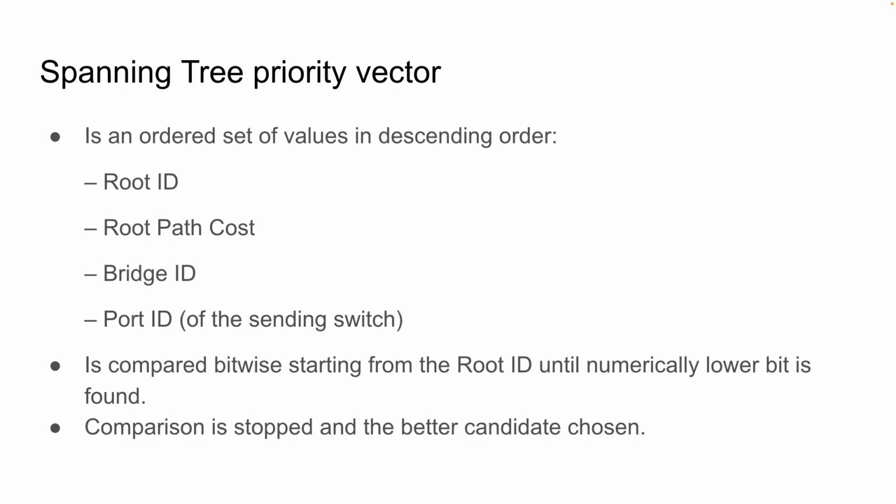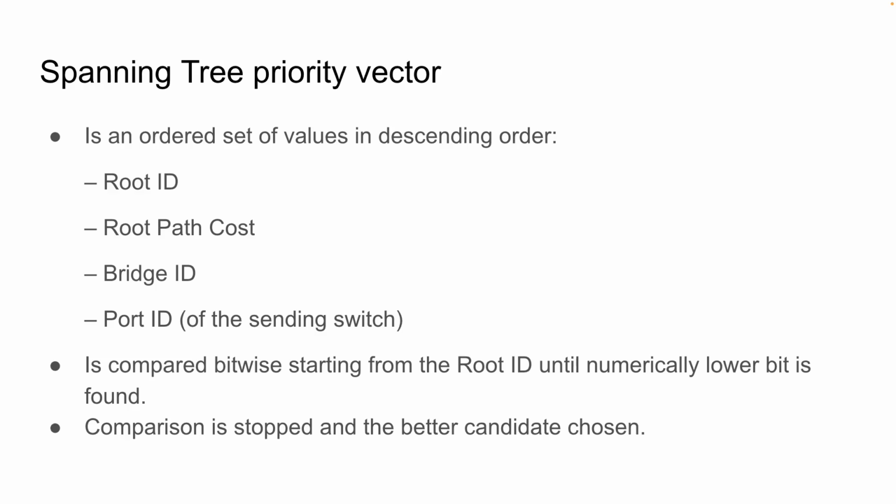There is a notion of spanning tree priority vector. It's an ordered set of values in descending order of priority. The first one, having the highest priority, is the root ID. Then comes root path cost, then the bridge ID of the neighboring switch, and then the port ID of the neighboring switch. The parameters in the spanning tree priority vector are compared bitwise, starting from the root ID, until a numerically lower bit is found between two compared values from the neighboring switch and our local information.